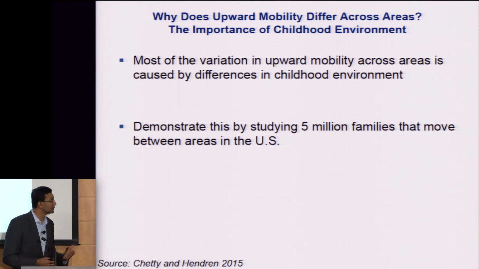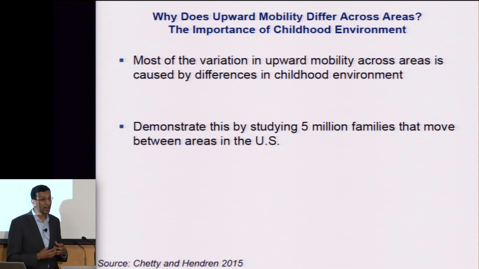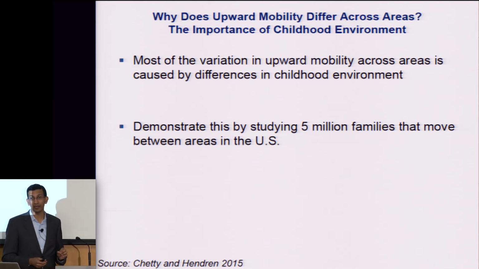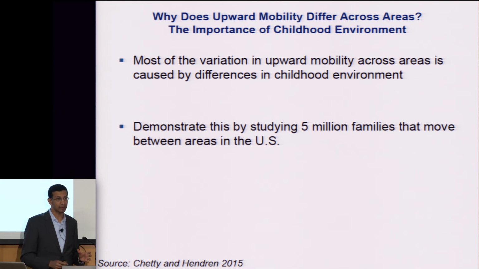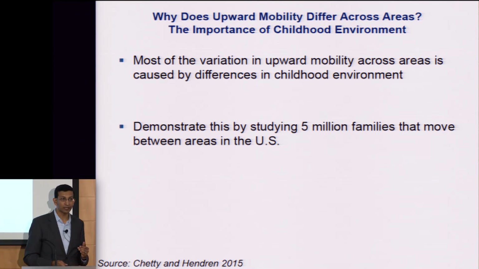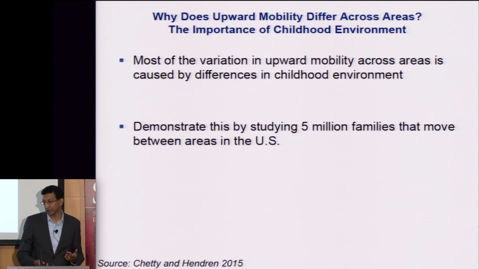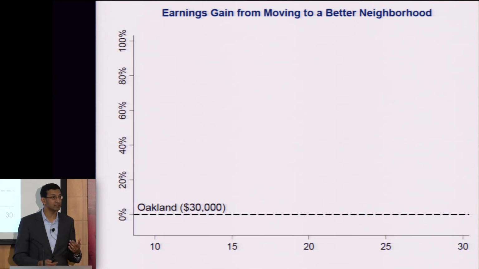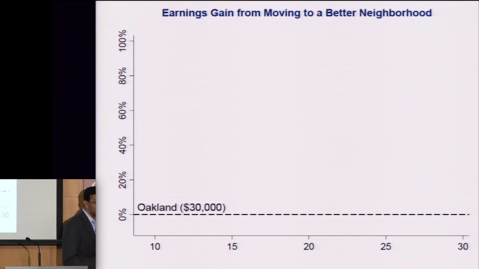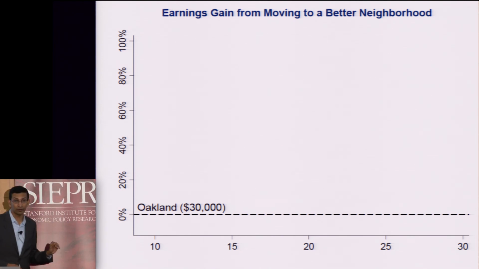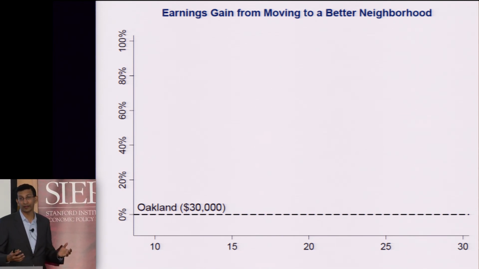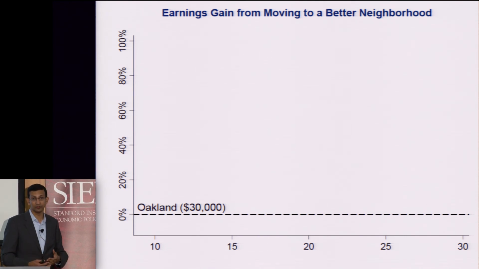Now, we reached that conclusion by studying about 5 million families that move between areas in the United States. So rather than getting into the details of that econometric analysis, I'm going to summarize what we find with a very simple example. Let's consider a set of families that start out in Oakland. And to make this concrete, suppose if you grow up from birth in Oakland, you are earning, let's say on average, $30,000, to pick a round number, when you're 30 years old.